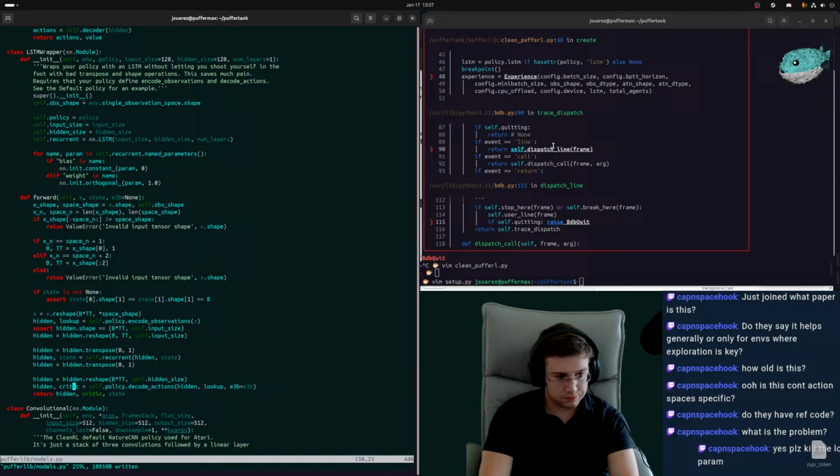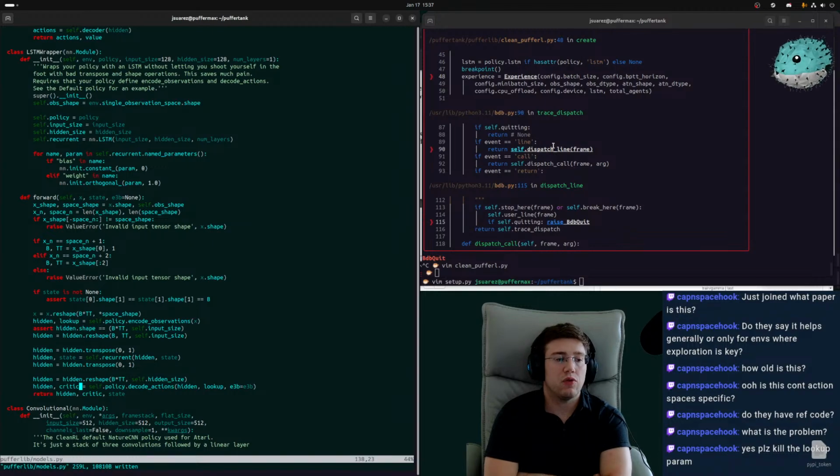The thing with the lookup param is I think you actually need it for entity-based models. Maybe it should just be kwargs or something.